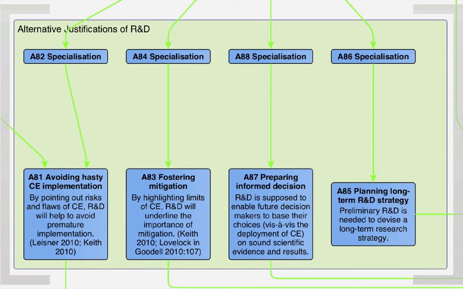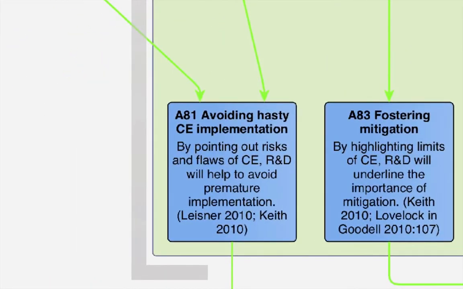Where the central justification cited making CE ready as the key purpose of R&D, the alternative justifications set forth different aims of research. According to A81, CE research seeks to prevent premature deployment by identifying shortcomings of CE proposals.